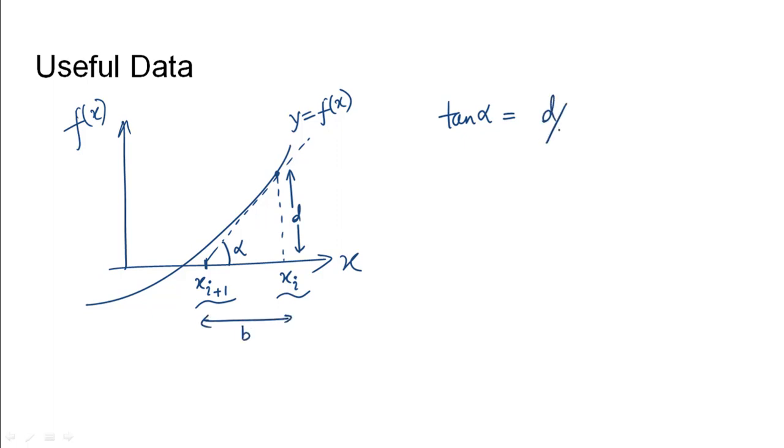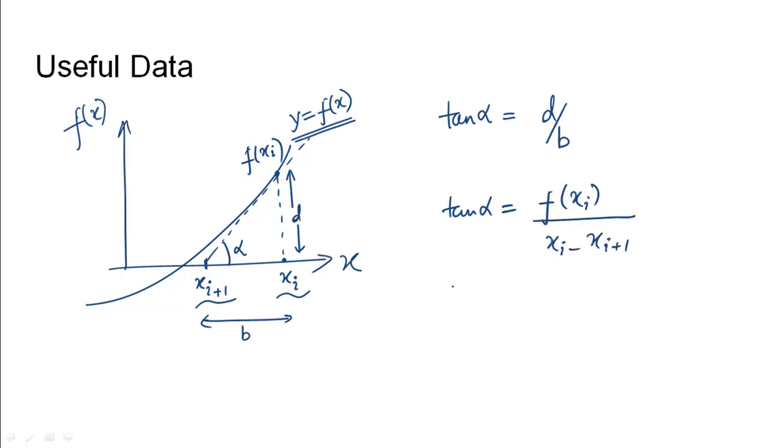It will be d by b. So tan alpha can be written as d, which is nothing but the vertical value of y, that is f of xi, since we are taking it just above xi. So d would be f of xi divided by b. b is nothing but the difference between xi and xi plus 1.